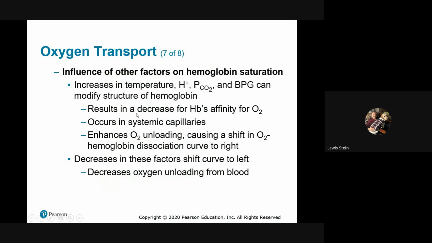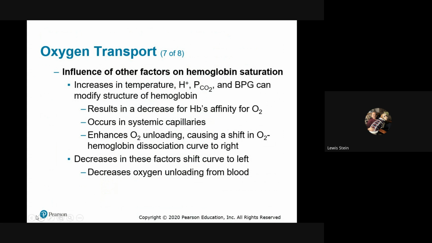If we have increased temperature, if the blood becomes more on the acidic side, it tends more toward acidosis, if there's an increase in CO2, and now we get into that same equation, famously the carbonic acid buffer, and an accumulation of excess BPG, all of those things occur in the capillaries, and they decrease the hemoglobin's ability to bind. So these are the factors that increase the unloading. Okay, a shift of the O2 hemoglobin dissociation curve to the right.